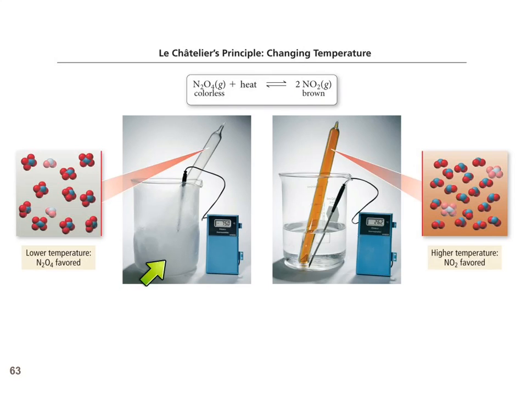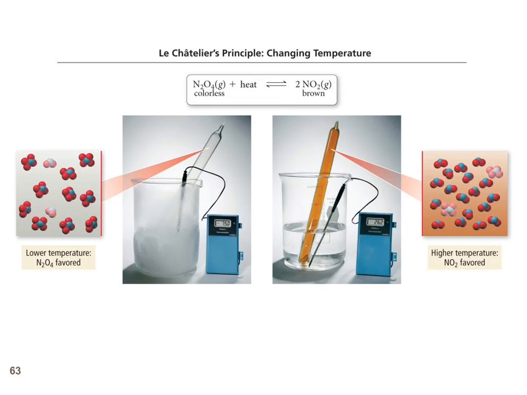I don't know if we got dry ice in there. What's that temperature say? I think it says negative 75. That's pretty cold. You have to have dry ice in there. The color of the tube tells us that the reactant is favored, because we've removed heat. We've made it cold, and so the reaction shifts to the left.